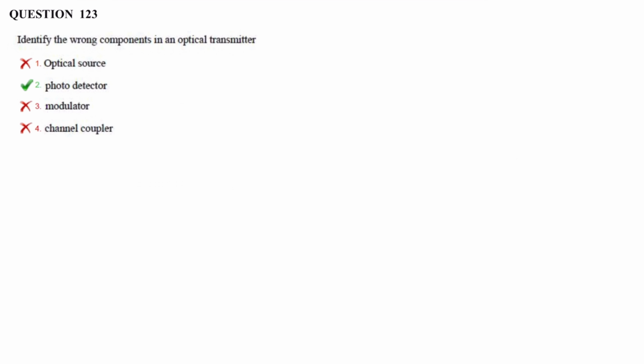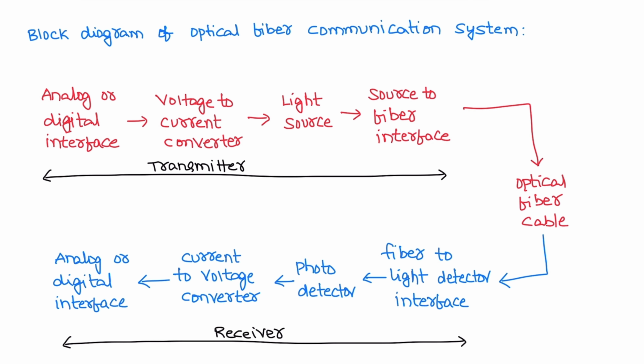Question number 123. Identify the wrong component in optical transmitter. Let us see the block diagram of an optical fiber communication system. It consists of analog to digital interface, voltage to current converter, light source, source to fiber interface, and then optical fiber as the channel or medium for transmitting the signals.